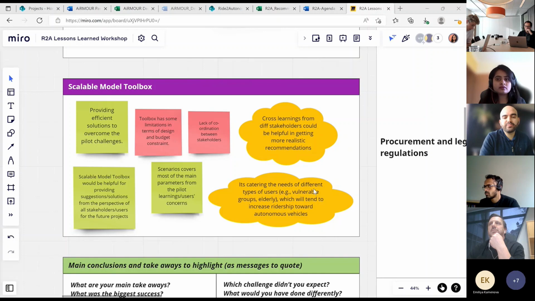In terms of getting the input we have now in the Miro into the document, we should have a follow-up meeting, just the core partners involved, as we did last week in the preparation of this workshop.